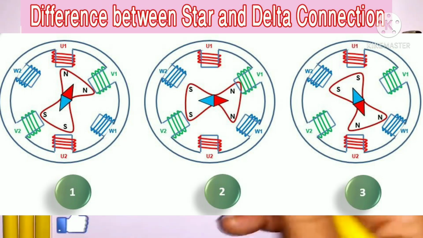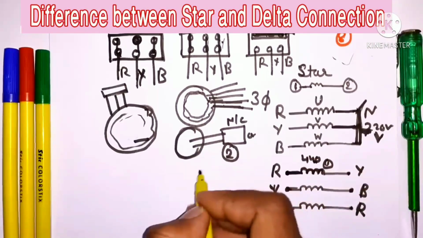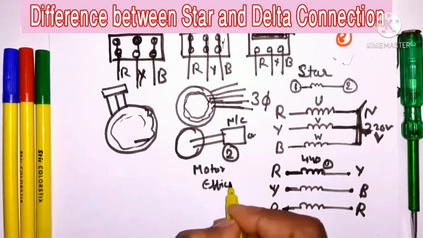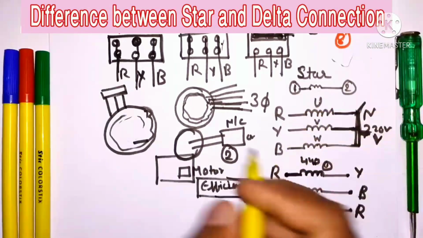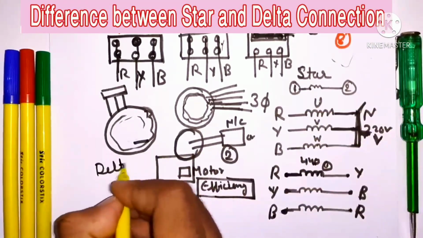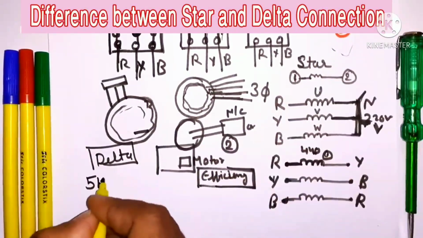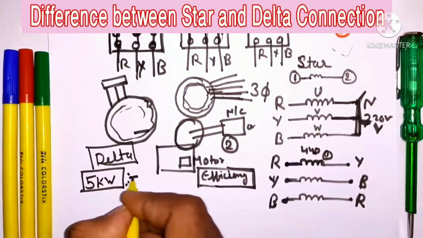If it is in delta connection, the voltage is more, the magnetic current is more, and the magnetic field generated is very high. If you apply the load, because the magnetic field is high, at that time it will rotate the rotor here, and you can use this energy.